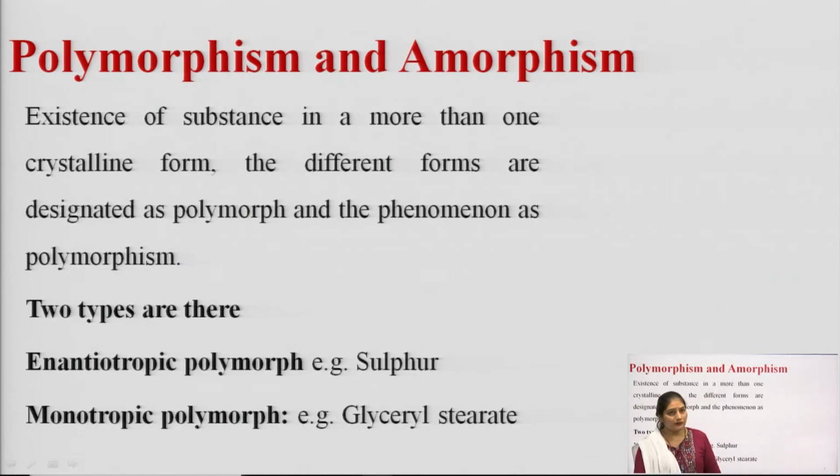The next parameter is polymorphism and amorphism. Depending on the internal structure of the compound, a drug substance can exist in more than one form.